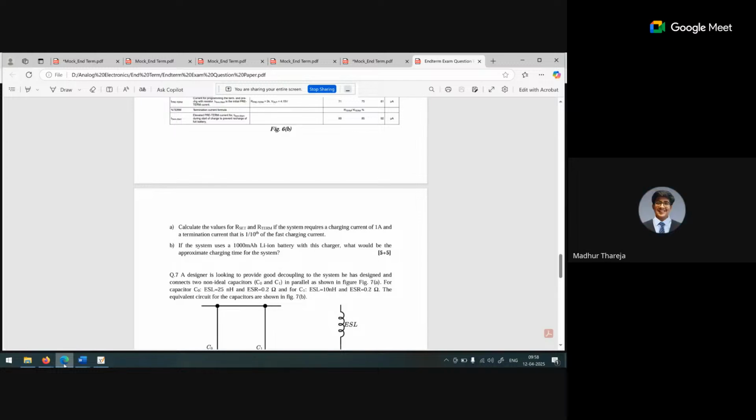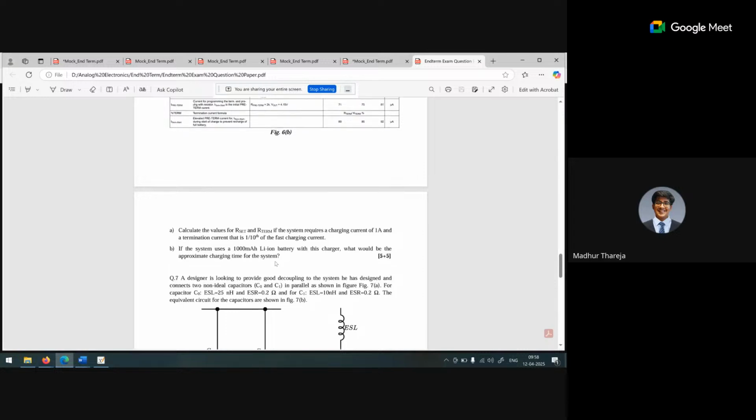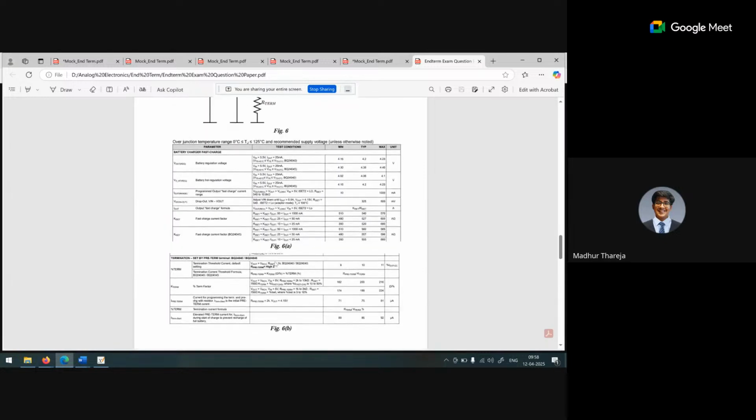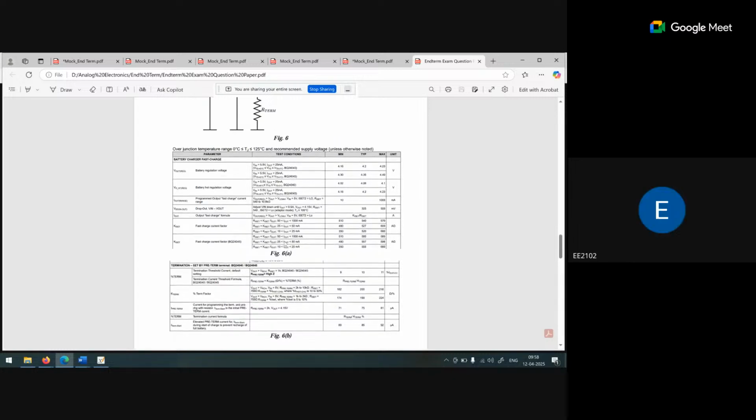For it, we'll calculate the fastest charging speed using the ISET, and then we'll divide 1,000 by the fastest charging current. That's all. Basically, the formula is given that I set is equal to K set upon R set.